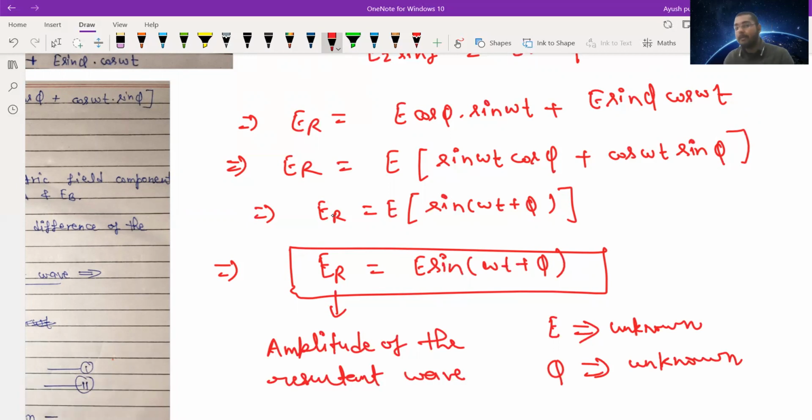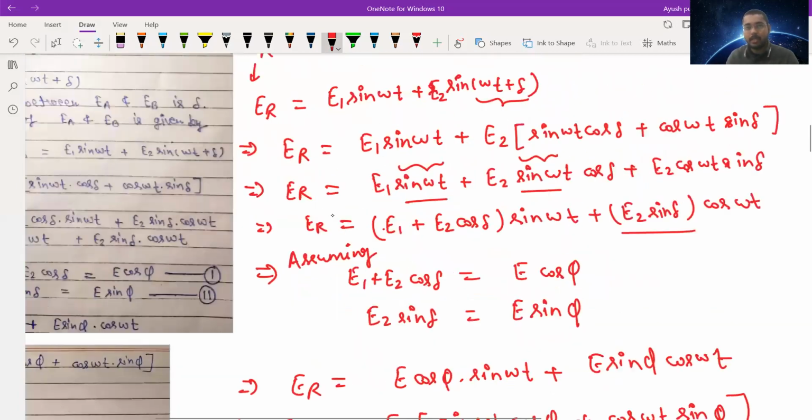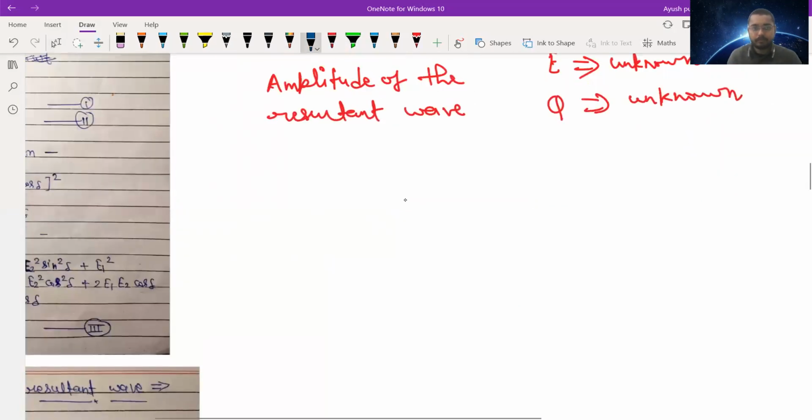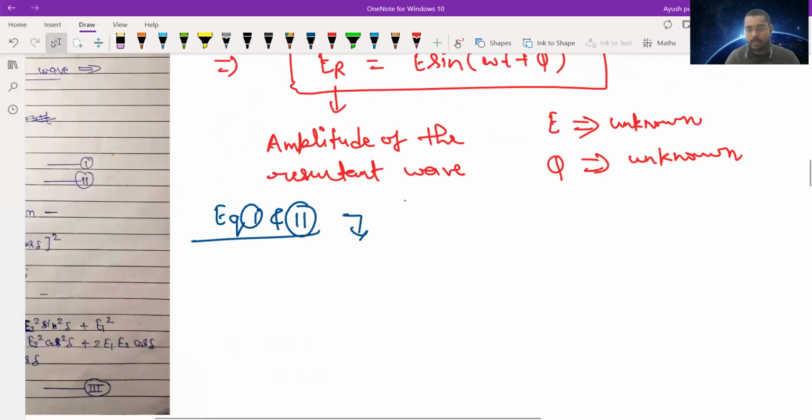But we have assumed something: we have assumed equation 1 and equation 2. Now let's try to calculate E and phi from these equations. So let's write equation 1 and equation 2 here.